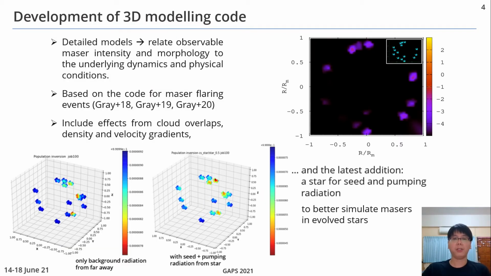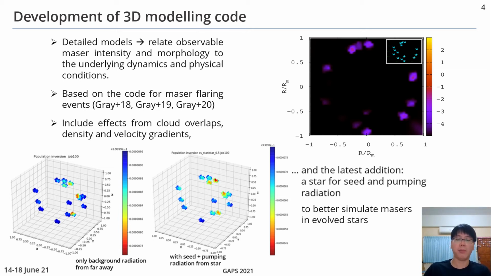Now let's move on to models. Obviously, we want detailed models to relate observables with the underlying dynamics and physical conditions that cause masers. So we are developing a 3D code based on the works by Gray et al. Here we present a 3D model of masers in a shell-like computational domain, simulating the maser clouds in the inner circumstellar envelope on the top right, as you can see here.